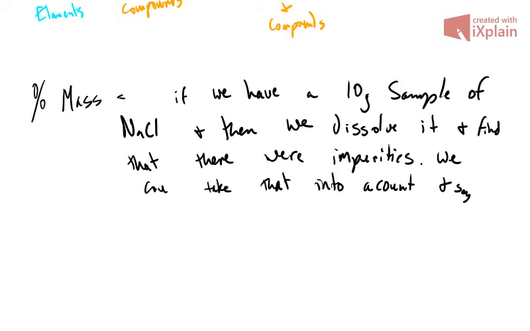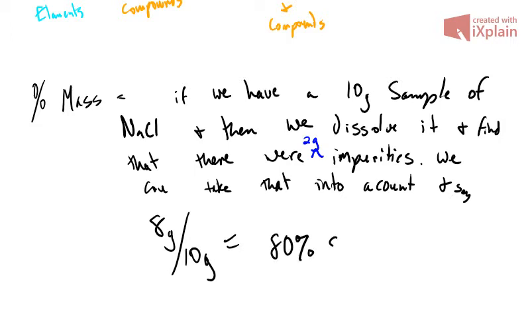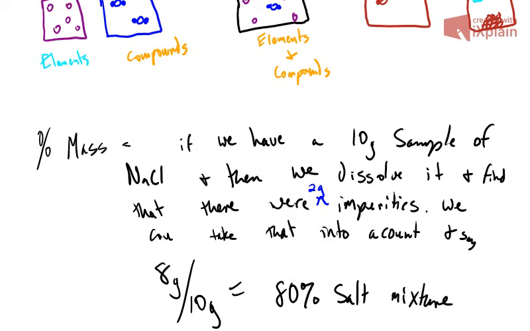Let's say there were 2 grams of impurities. We can take that into account and say 8 grams of actual salt were present in that 10-gram solution. And so we have an 80% salt mixture. So that would be a type of percent mass purity calculation that you might see.